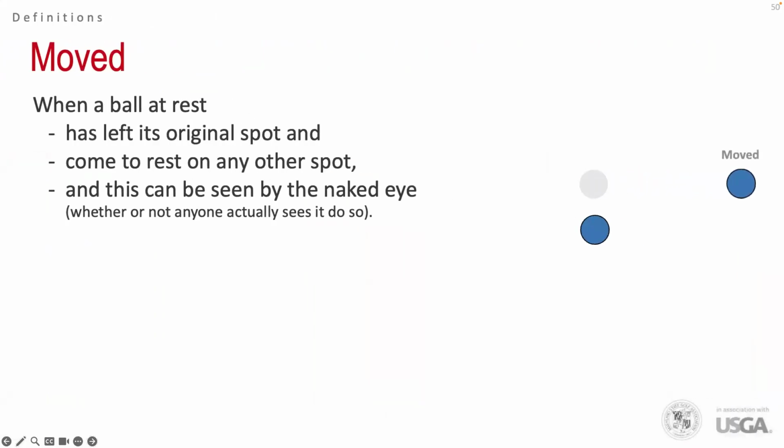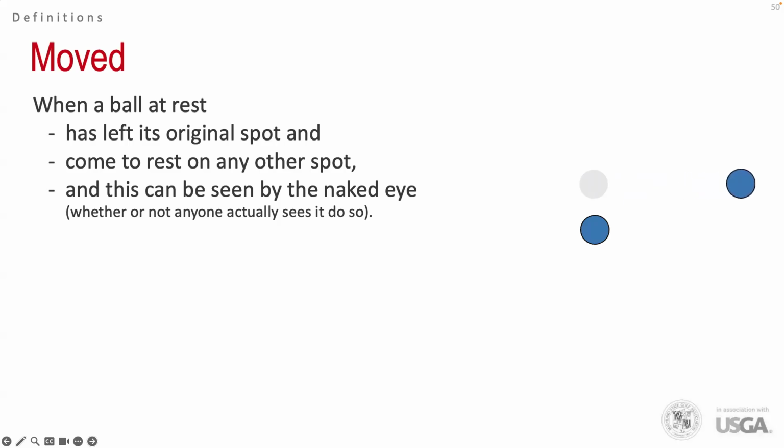"Moved," like I mentioned, might not be what you think. In the eyes of the rules, a ball is considered moved when a ball at rest has left its original spot and has come to rest on any other spot, and this can be seen by the naked eye. So I'm going to show this slide one more time.